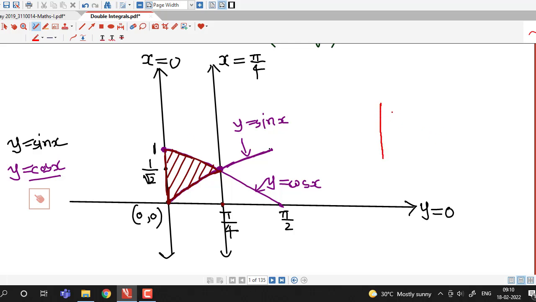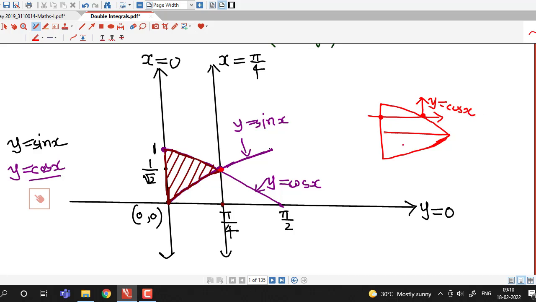But you can see, if I consider order of integration first with respect to x, then our area is like this. If I consider a horizontal line above this point, then the horizontal line will enter at x equal to 0, but it will leave on y equal to cos x.